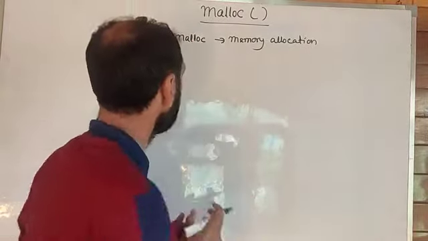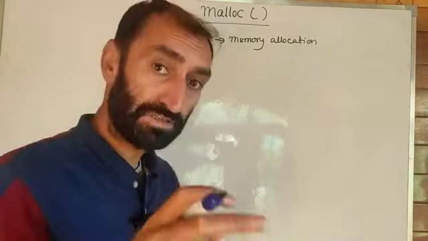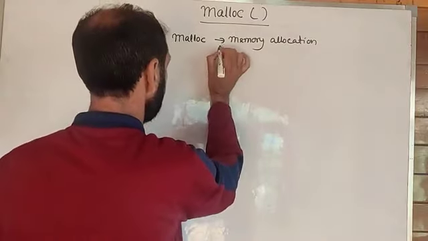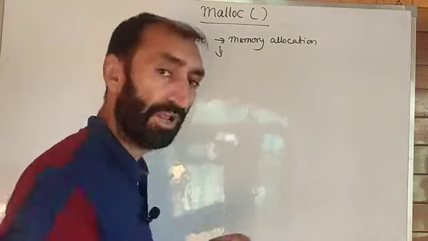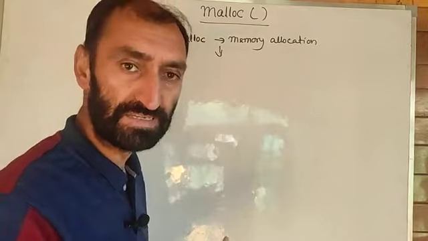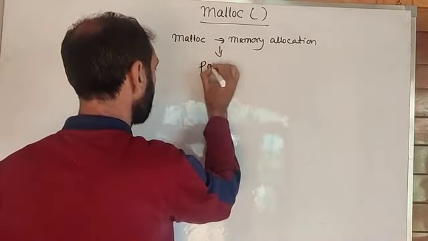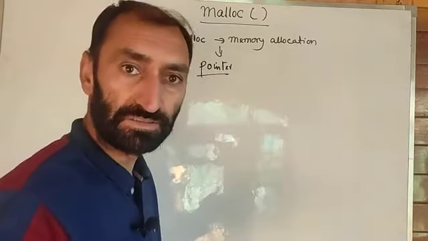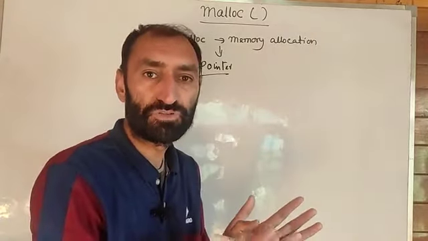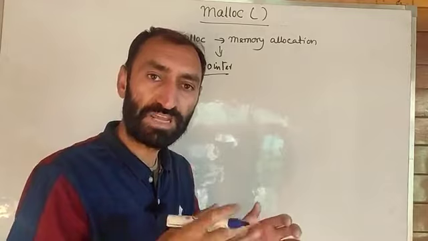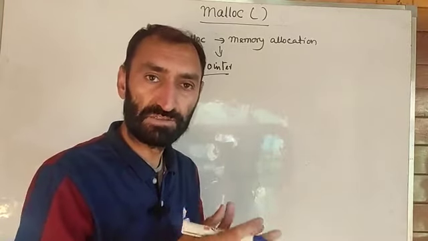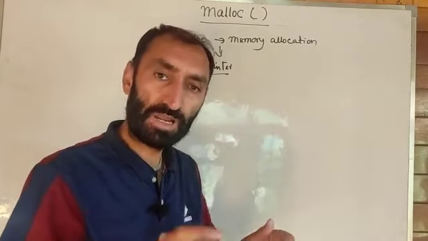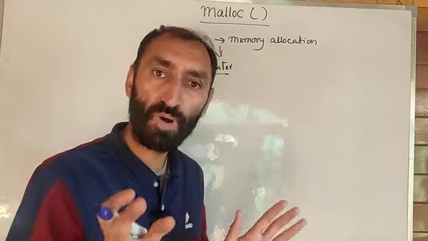In order to allocate memory dynamically, we use pointers. I have already told you in the previous video that the pointer is used. We cannot allocate memory dynamically directly, but in order to allocate memory dynamically, we use the pointer.